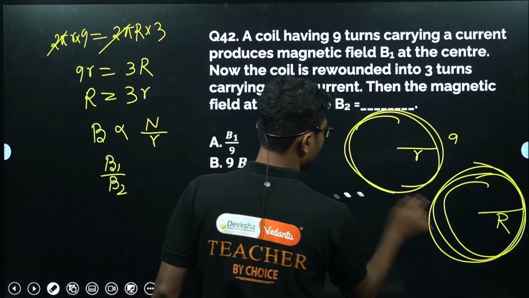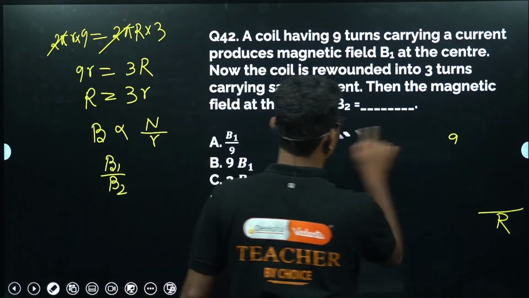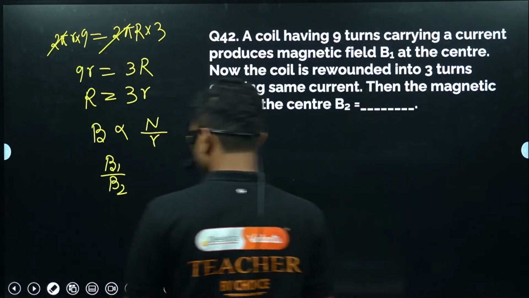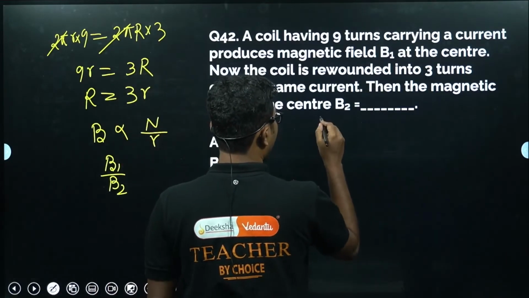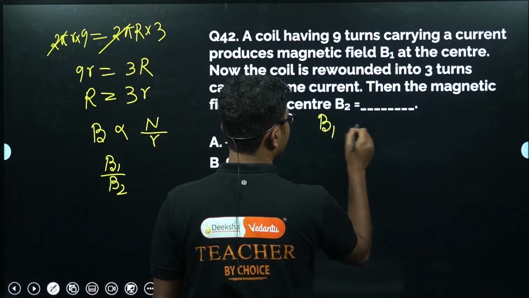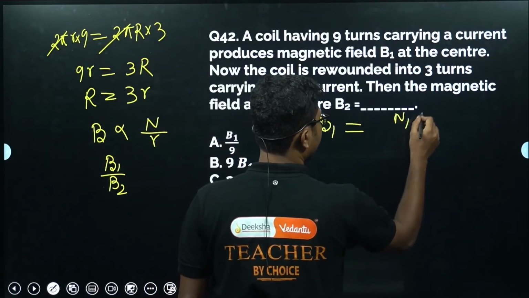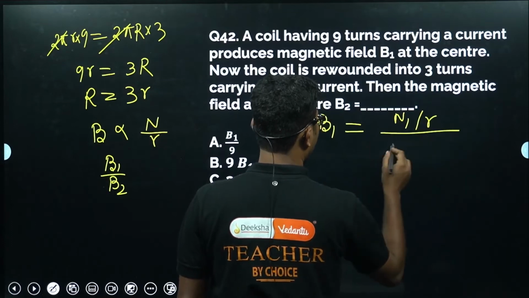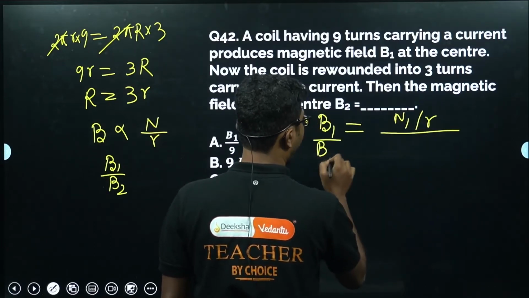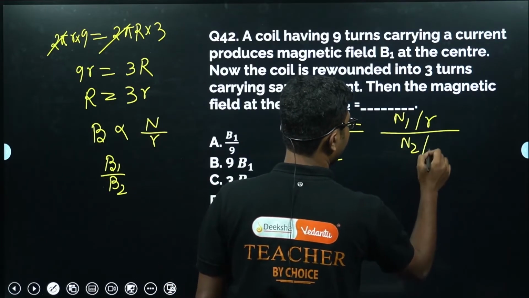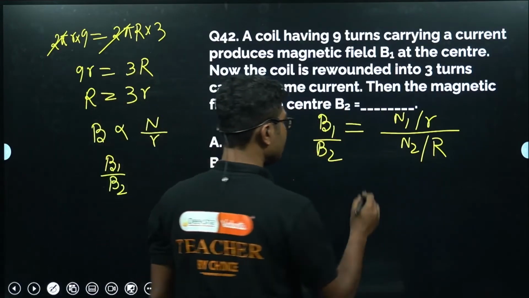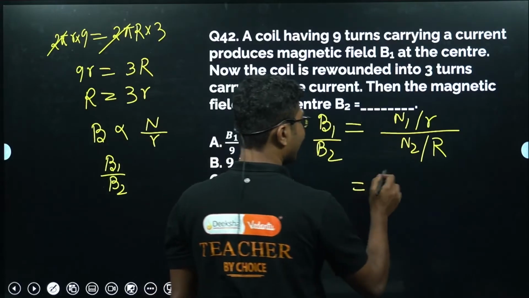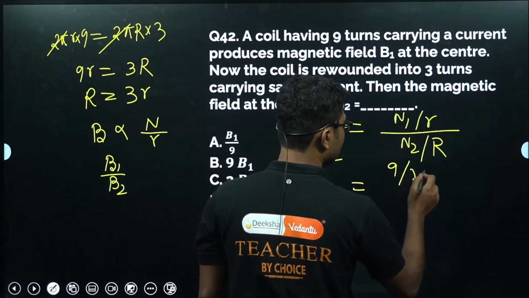Give me a second to clean up the board. Okay, so what is B1? B1 is N1 divided by small r, and B2 is N2 divided by capital R. All the other parts will be cancelled, so the only thing we need to consider is these two. What is N1? N1 was 9, divided by small r.